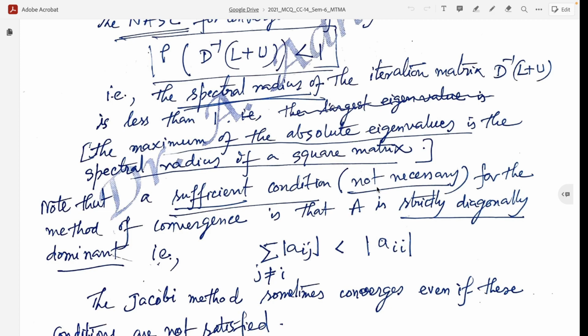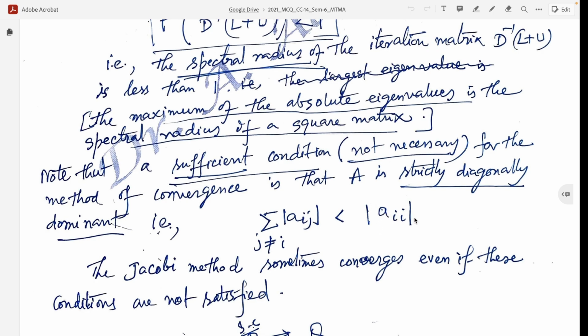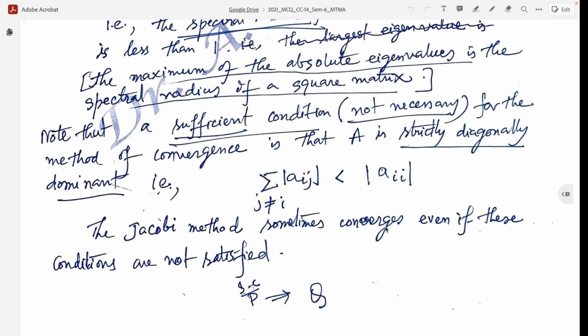Note that a sufficient condition, not a necessary condition, for convergence of the method is that A is strictly diagonally dominant, that is, the sum over j not equal to i of modulus of aij is less than modulus of aii. The Jacobi method sometimes converges even if this condition is not satisfied.